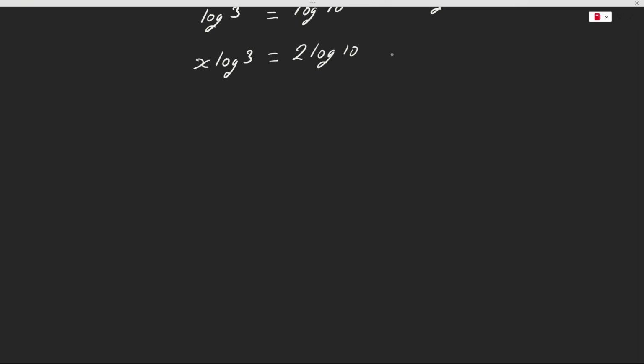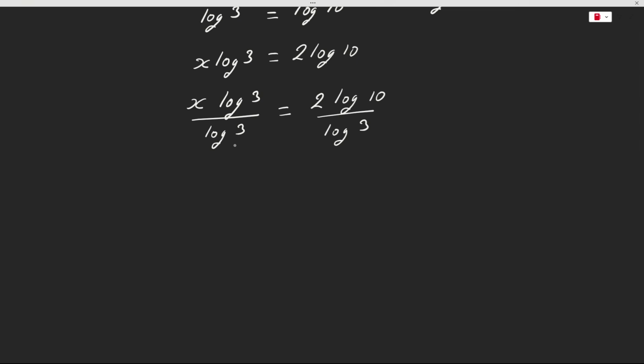Now dividing both sides by log of 3, we can write this as x log of 3 by log of 3 equals 2 log of 10 by log of 3.